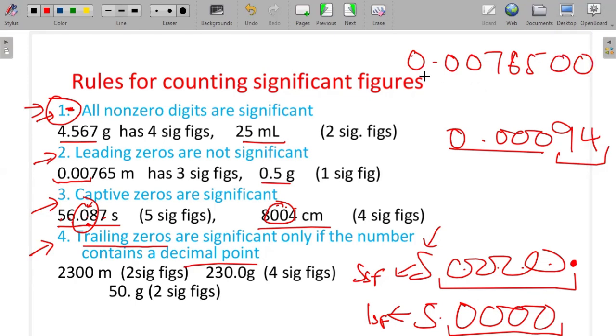So these ones are leading. We say they are not significant, but these ones here will be significant because they are trailing zeros and we have a what? A decimal point there. You've seen it?